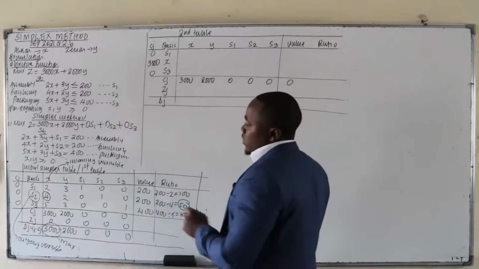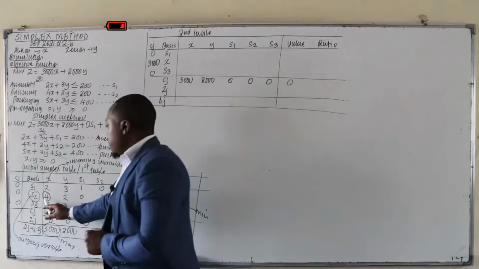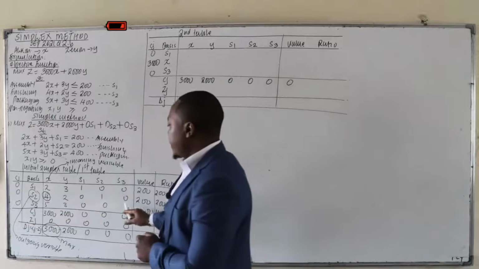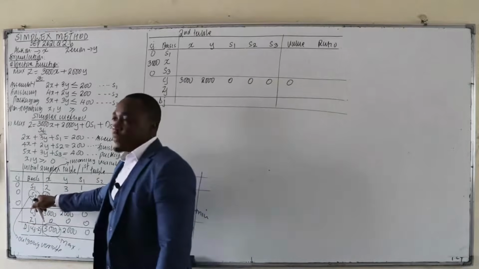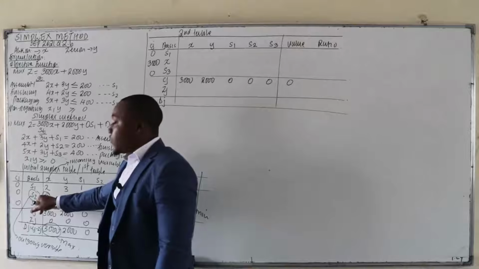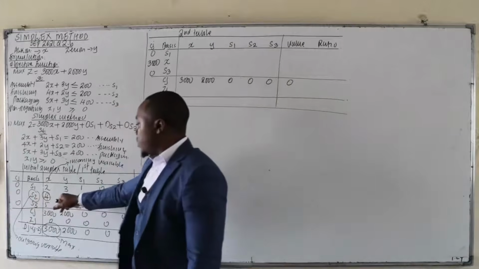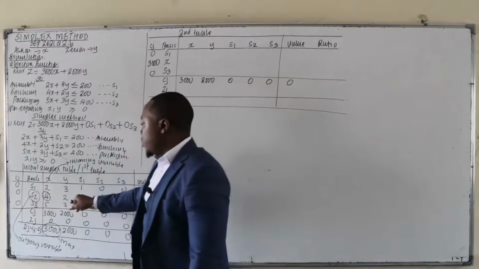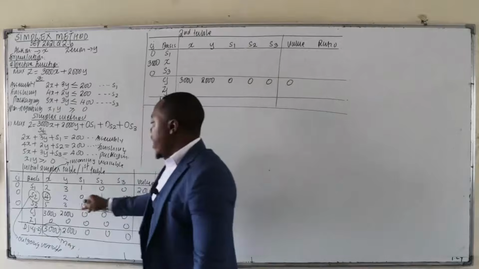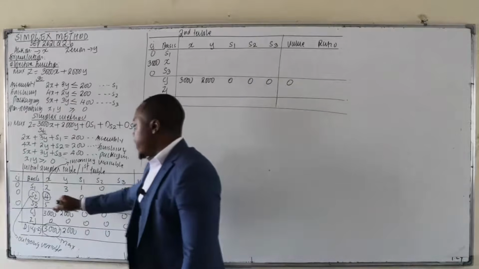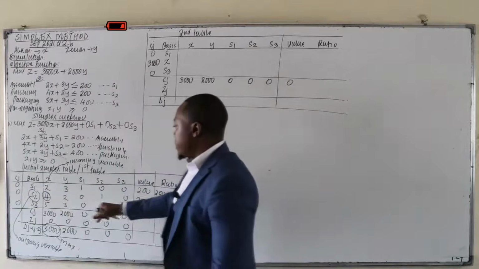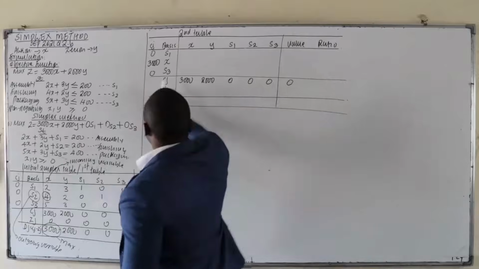How do we get the new row element? From where we have the pivot, you take all the elements in that row and divide them by the pivot. You take 4 divided by 4, 2 divided by 4, 0 divided by 4, 1 divided by 4, 0 divided by 4, as well as 200 divided by 4. That's how you get the new row element.